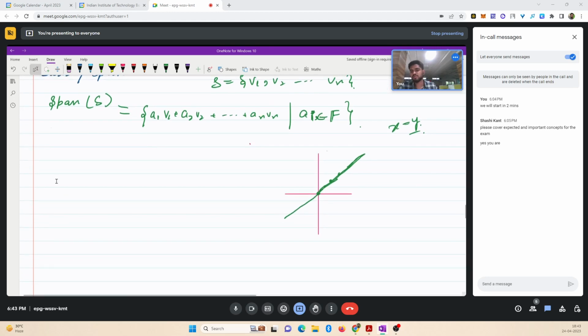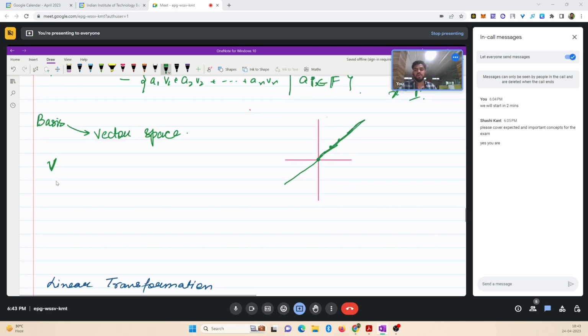Now what is a basis? We'll go to something called basis. Basis is defined for a vector space, first thing. So let's say we have a vector space V. Now the basis should satisfy two properties.